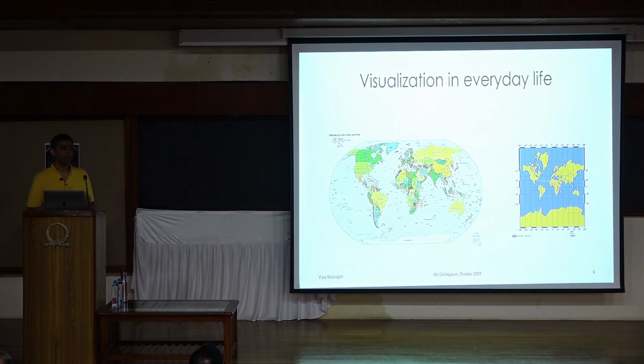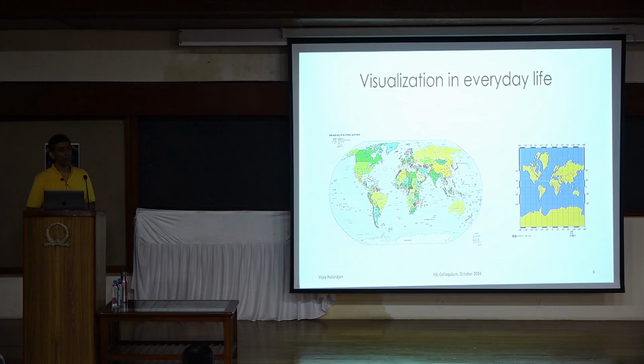A political map is one such, as shown on the left, where the area is preserved and is of use when we would like to understand political boundaries, or take decisions regarding anything that concerns politics or geography. On the other hand, navigation, where you would like to chart courses either on a ship or on a plane, requires maps that preserve angles, such as what is shown on the right.